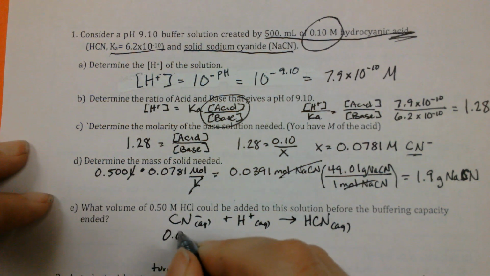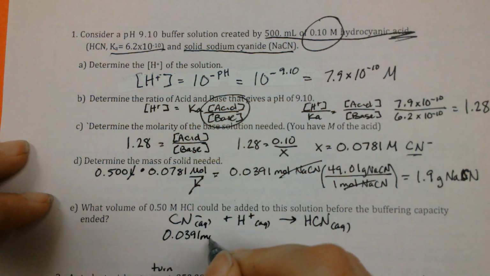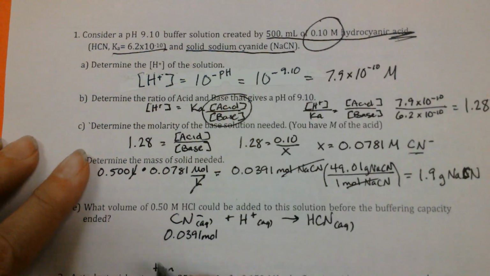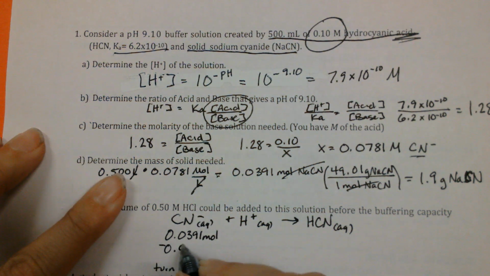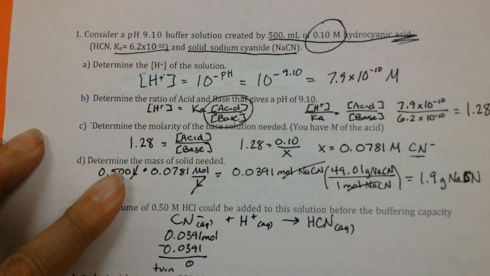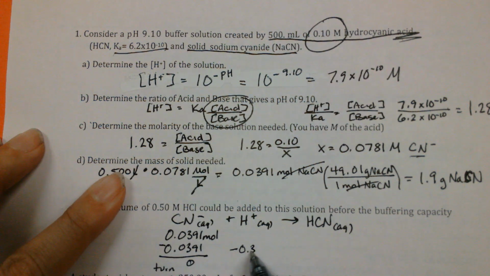I now know I have 0.0391 moles of this. And to run out of buffering capacity, I need to use it all up. So I would subtract all 0.0391 moles and end up here at 0. This is a one-to-one reaction, so my stoichiometry is exactly the same.